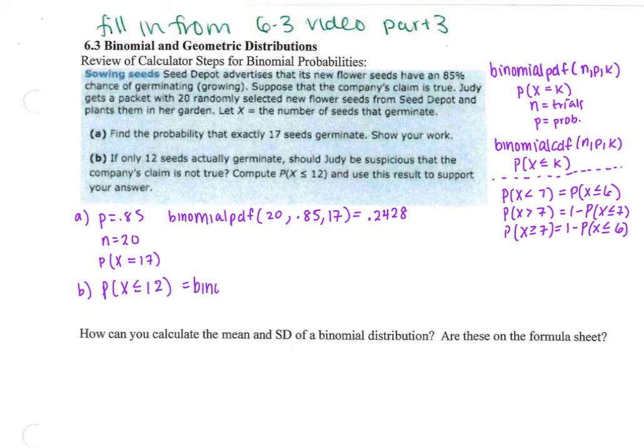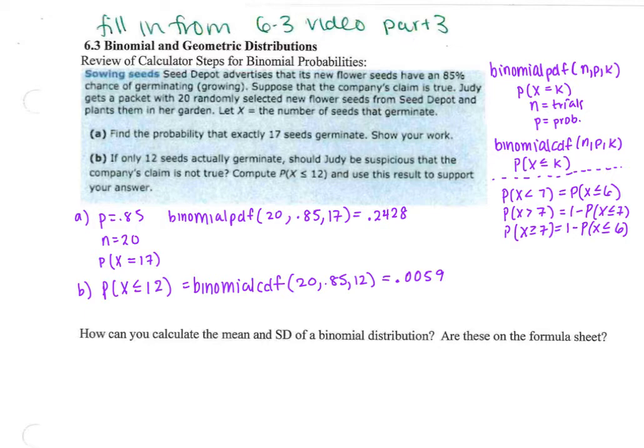So that's binomial CDF now, 20, 0.85, 12. And when you type that into your calculator, you get 0.0059. So there's less than a 1% chance of less than or equal to 12 seeds germinating. So should she be suspicious that the claim is not true?